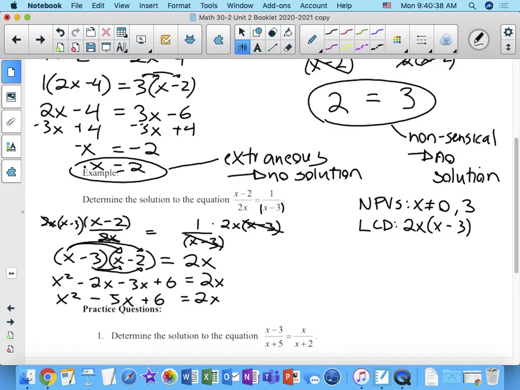Okay, so we're going to subtract 2x from both sides. Okay, and I actually need to move over here because I'm running out of space. So on the left side, x squared, and then negative 5x minus 2x is minus 7x plus 6 equals 0.